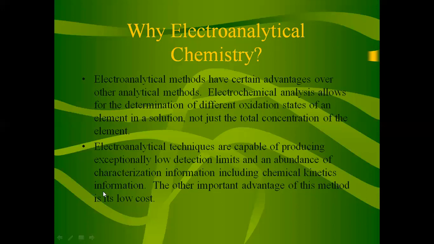By using these methods, we can observe the flow of the reaction, the reaction rate, and how much oxidizing and reducing agent is in the reaction. These are all the advantageous points of electrochemical analysis over other analytical techniques.